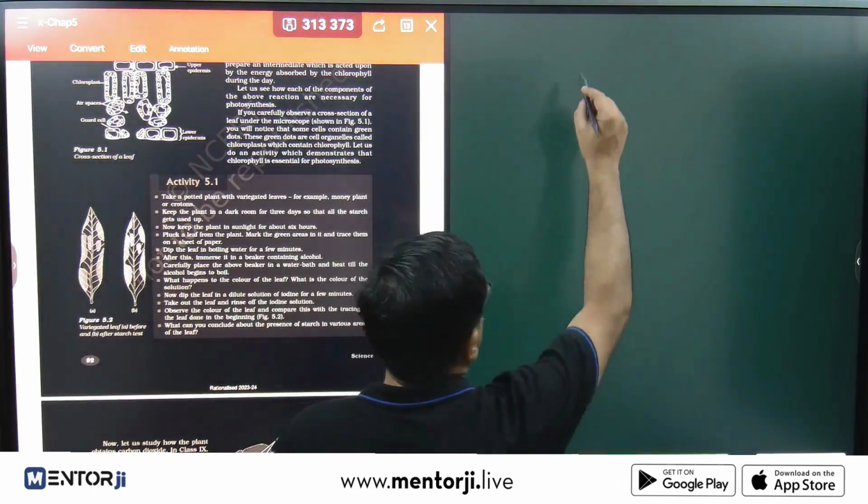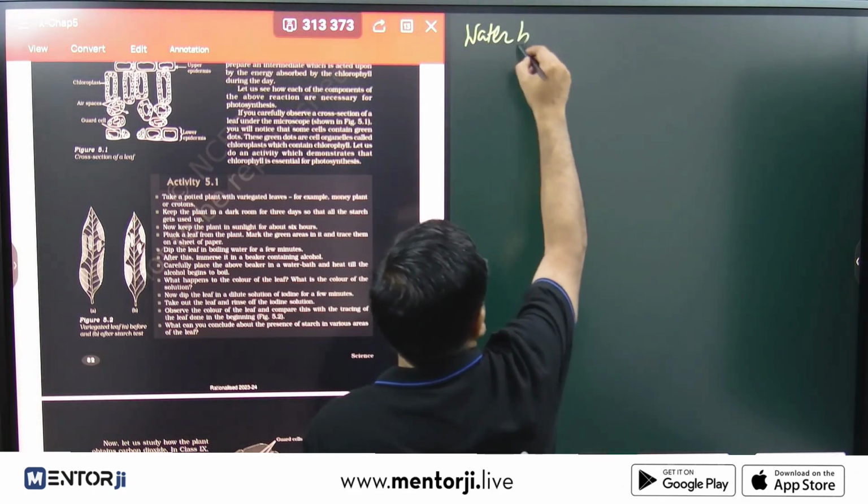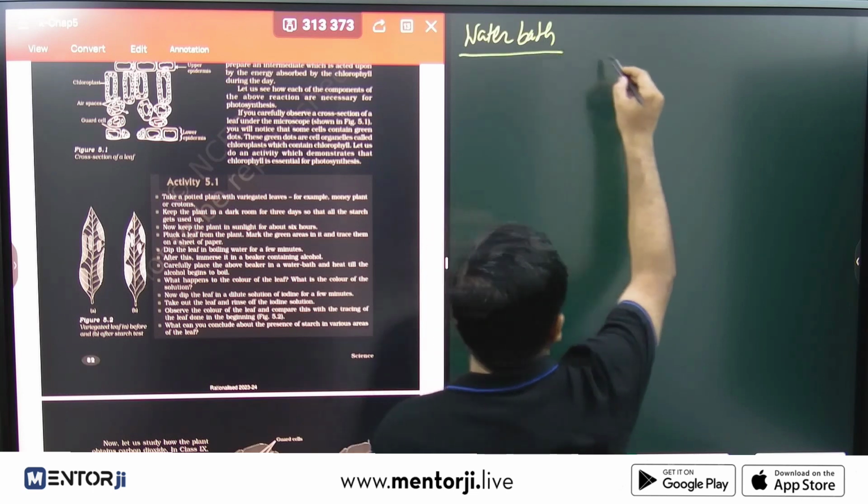So in this indirect heating, named as water bath, what should we do?